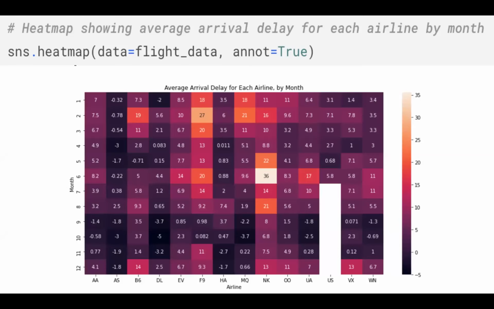When you set annot true and provide the flight data, it will show the average arrival delay for each airline by month.